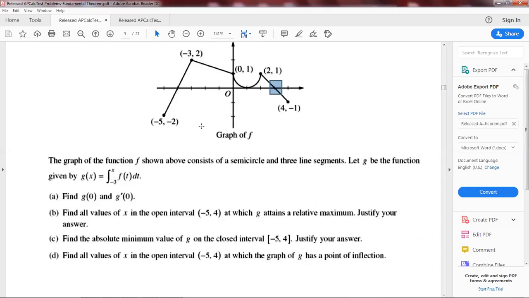Now, what happened in this point? The f is 0, but keeps positive, doesn't change sign. So it's very simple. What is the slope of f here? 0. So f prime is 0, so g double prime is 0.